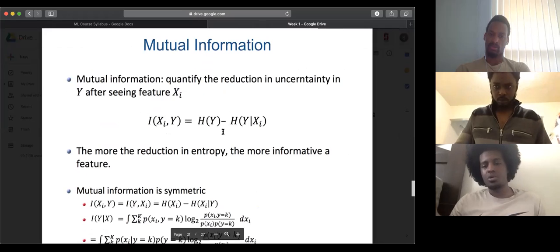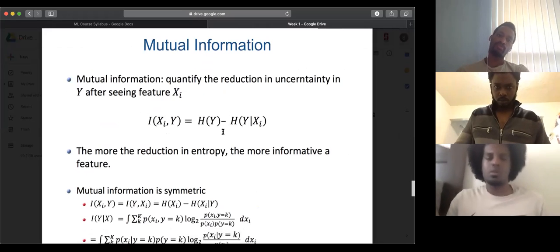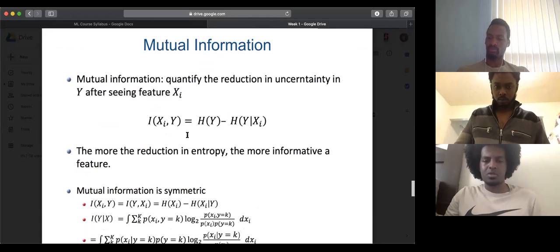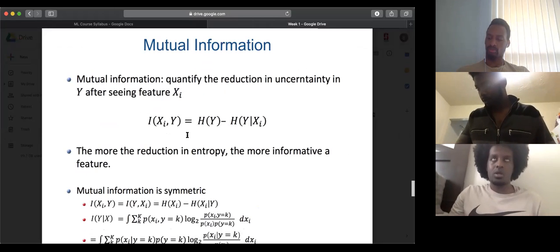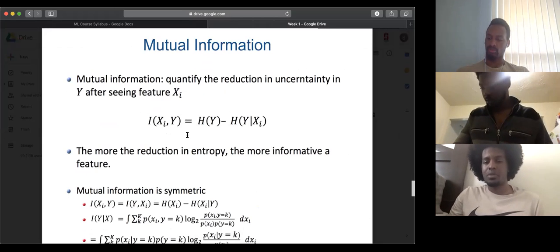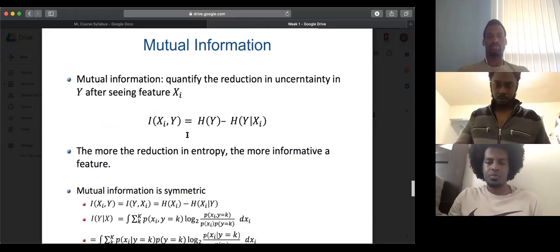Okay, cool. So mutual information. We were talking about how you have two different types of events. In temperature and humidity, you could calculate the entropy of the temperature, and you could also calculate the entropy of the humidity, right?